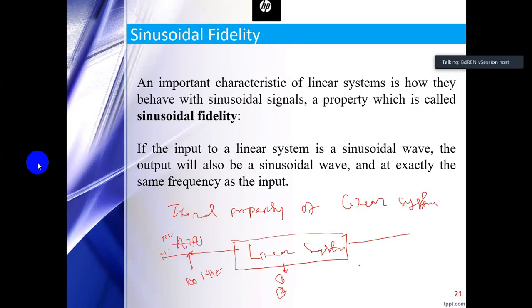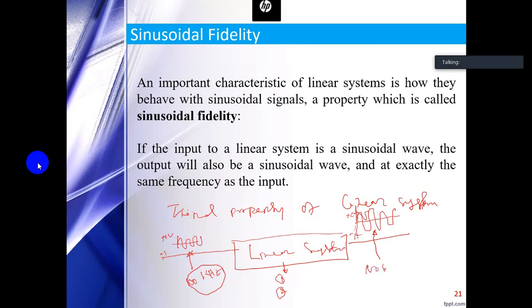Now at the output side, if you get a signal of say plus minus 2 volt, the amplitude has become double, but the frequency remains the same as the frequency of the input signal, which is 100 kilohertz.